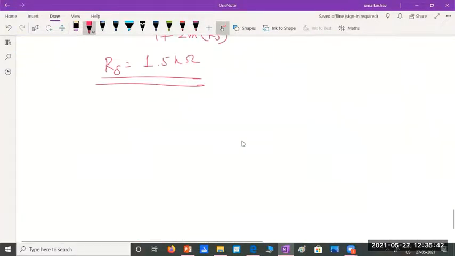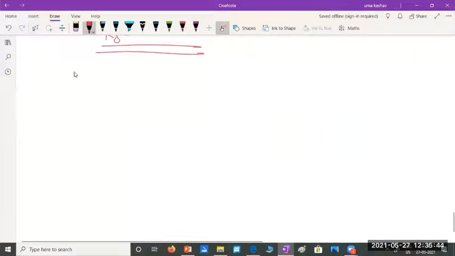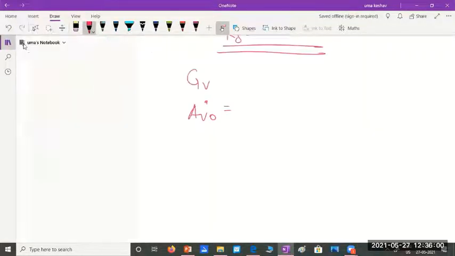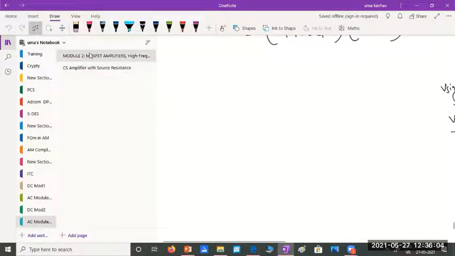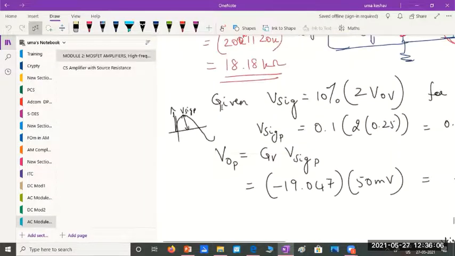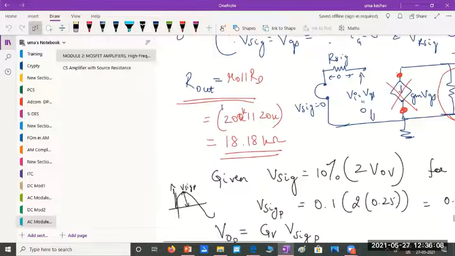So we are supposed to find GV. I think you can find AV dash and AVO first. AVO and AV dash. Actually, we had found all this in the last problem. Can I just open the last problem and see rather than solving the whole thing? Yes.